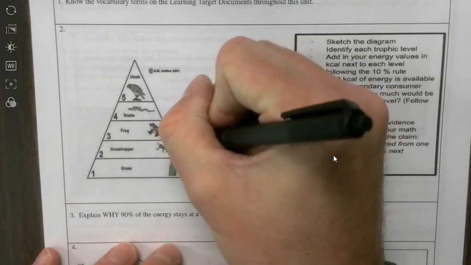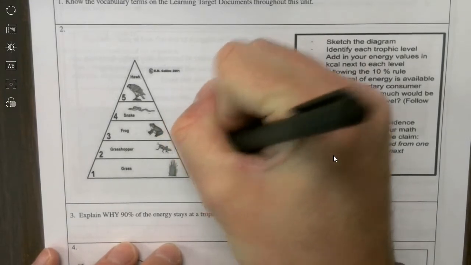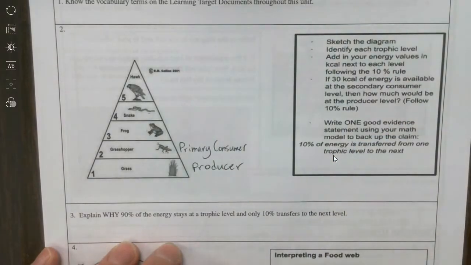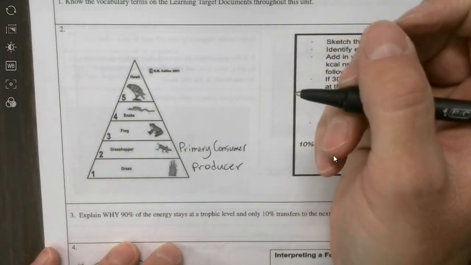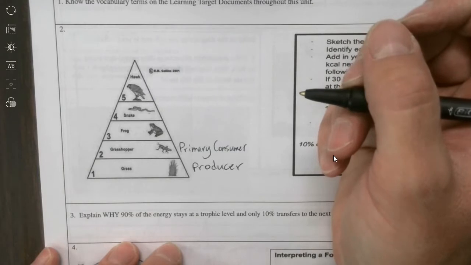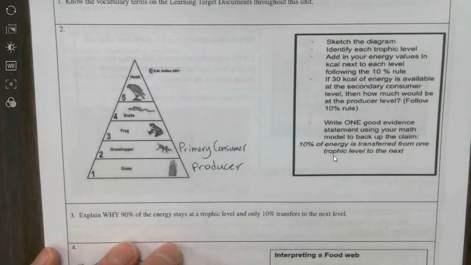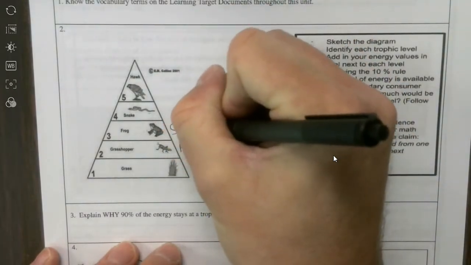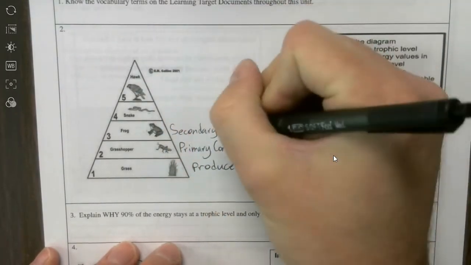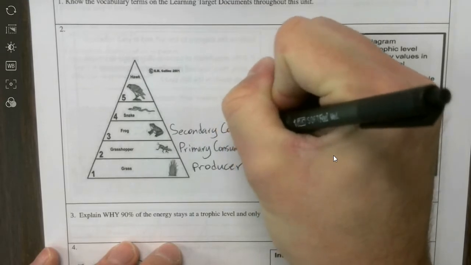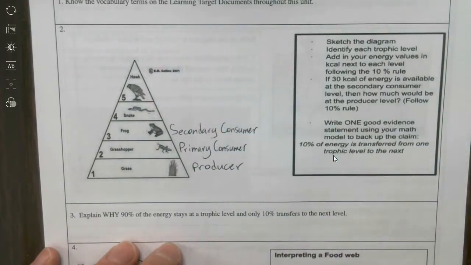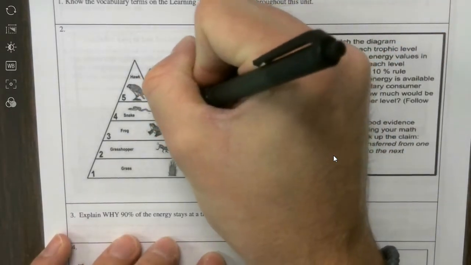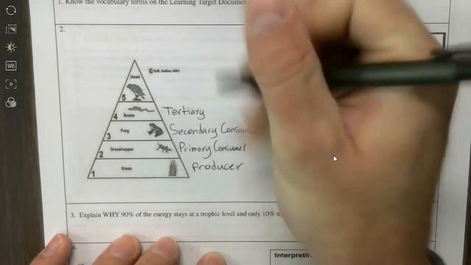Then we're going to have the primary consumer, then the secondary consumer, and then past that is the third or tertiary consumer.